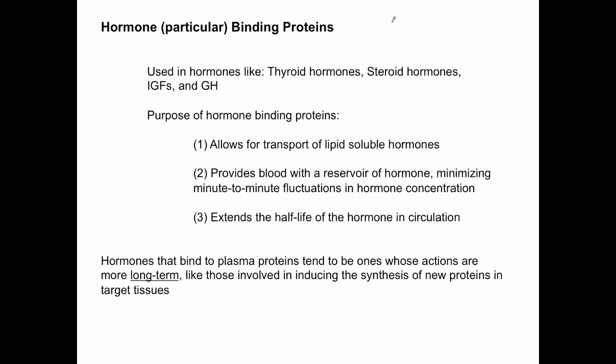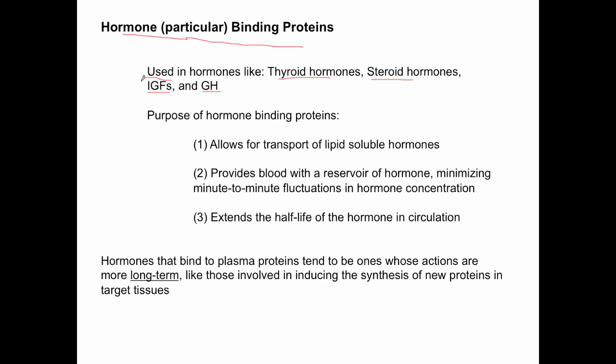On the other hand, we also have hormone-specific binding proteins. Okay? Now, there are hormones like thyroid hormones, steroid hormones, IGFs, which stand for insulin-like growth factors, and growth hormones. So thyroid hormones are lipid-soluble, steroid hormones are lipid-soluble.